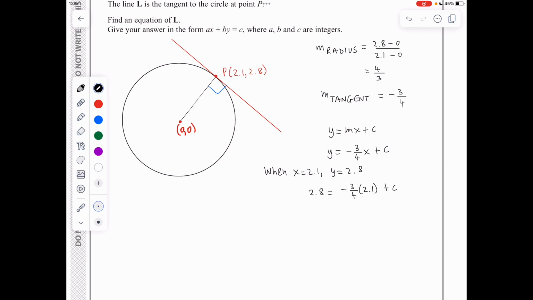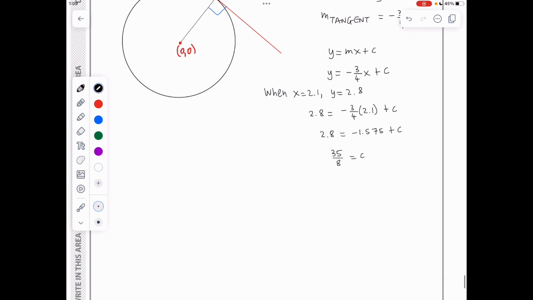And this takes me to 2.8 being minus 1.575 plus c. And this gives me c to be 35 over 8. I did 2.8 plus 1.575. And therefore we have that y is minus 3 over 4x plus 35 over 8.